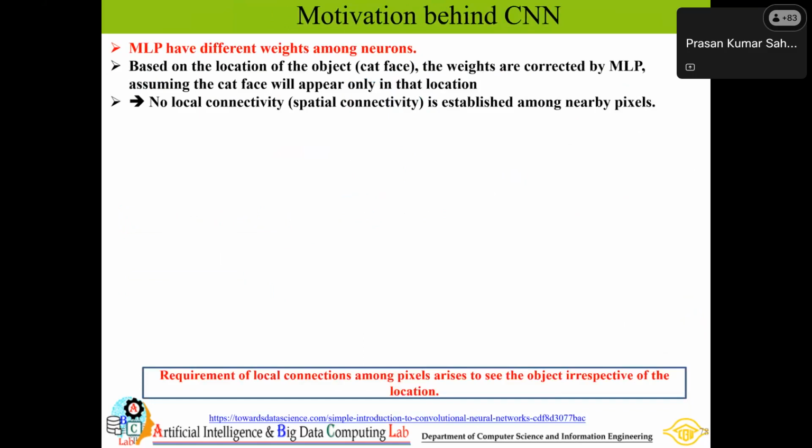Based on the location of the object, such as the face of the cat, the weights are corrected by the MLP, assuming the cat face will appear only in that location. So no local connectivity is established among nearby pixels.